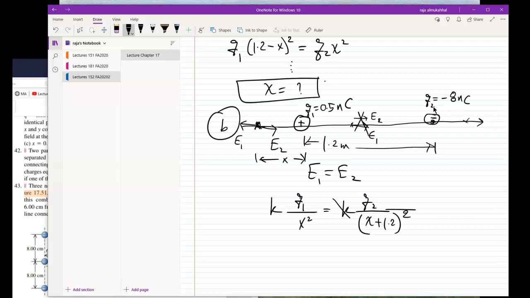Of course, the k's will cancel out. I have q1 and q2, work them out, and solve for x. Again, you end up with a quadratic equation similar to the one before, and you should be able to work it out. I think I'm going to stop here.